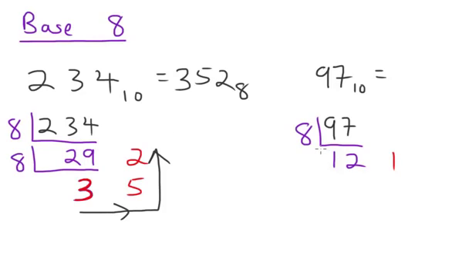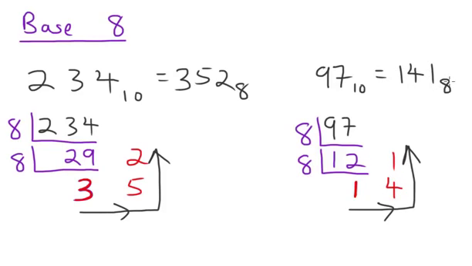So carry on, divide by 8. 12 divided by 8, we have 1 and remainder 4. So we stop here, and the answer will be from the bottom up to the top. So the answer is 141 in base 8.